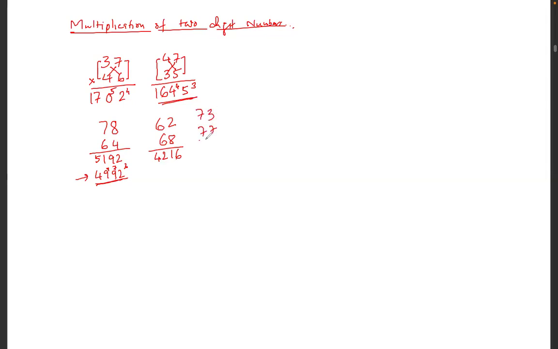73 into 77. Faster, guys. 5621. 5621, sorry. 5621.